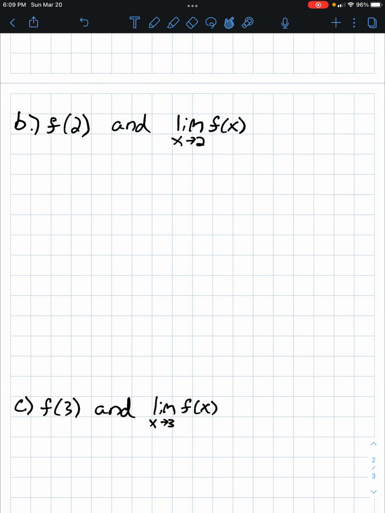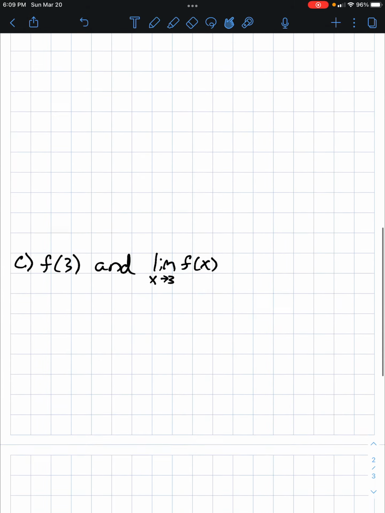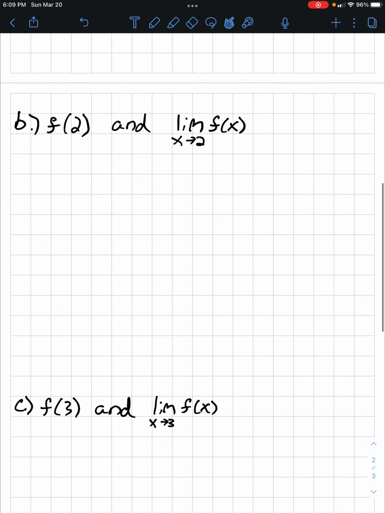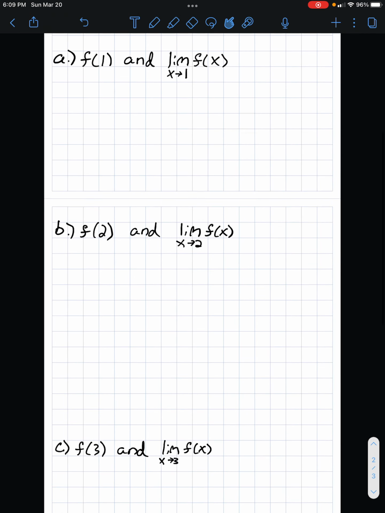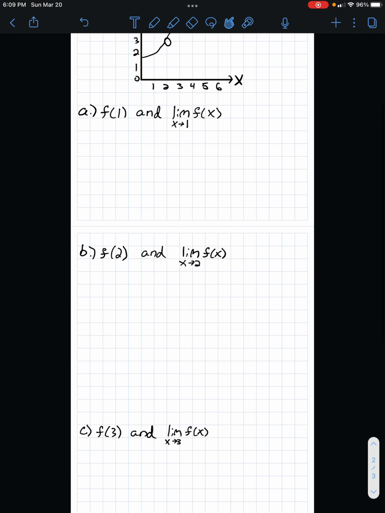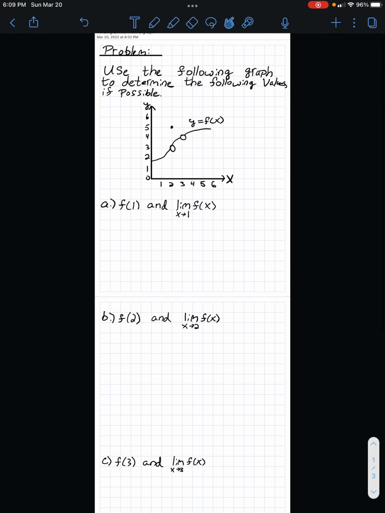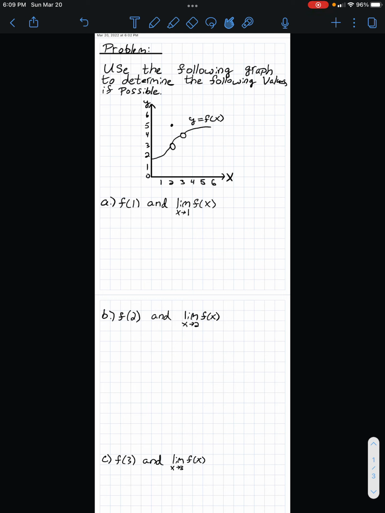Part B, find f of 2 and the limit of f of x as x approaches 2. And part C, find f of 3 and the limit of f of x as x approaches 3. Now pause this video, take a few minutes, and solve this problem.